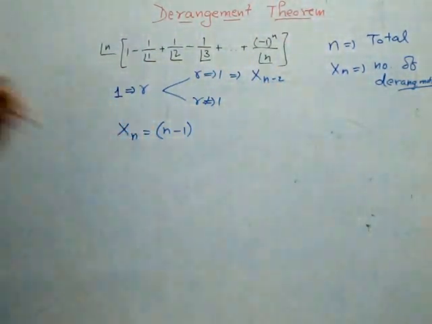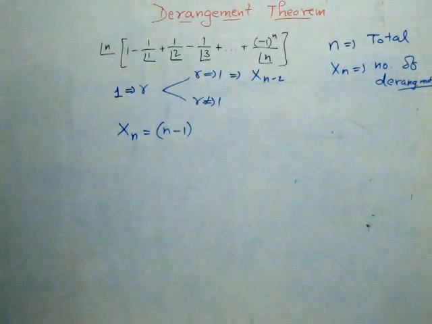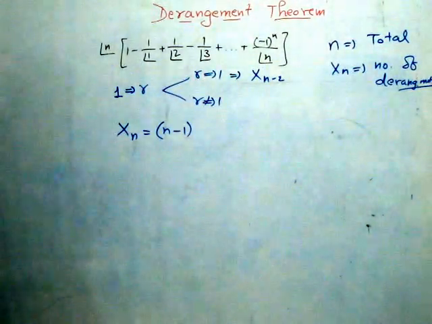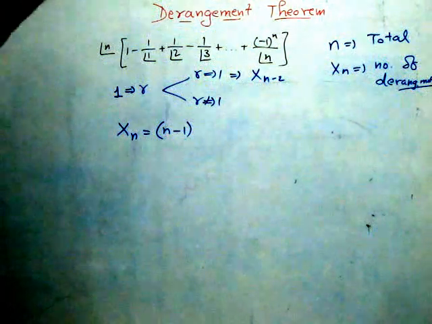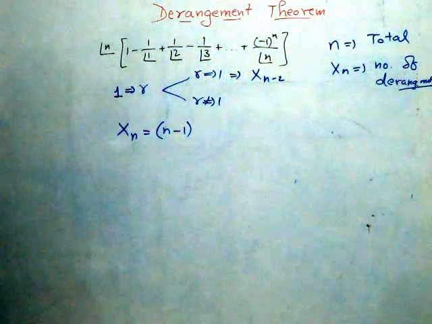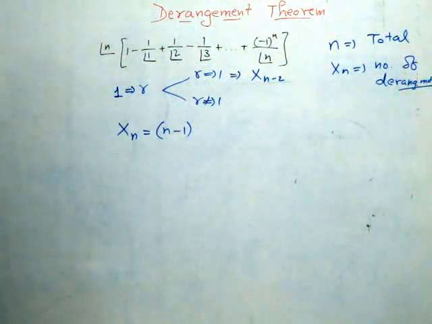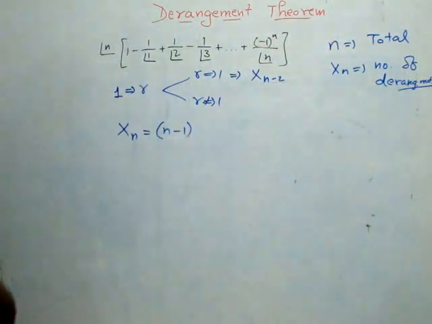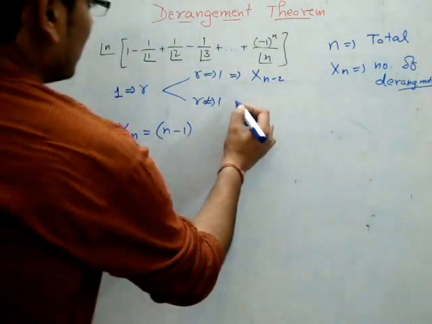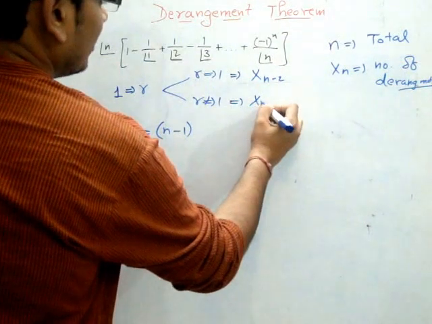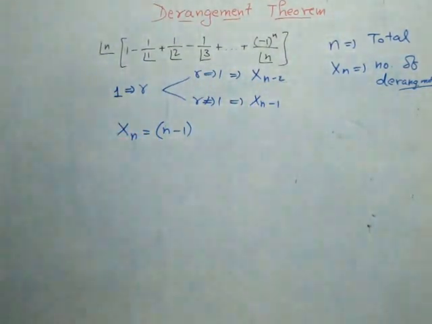Now if r does not take letter 1, it will be the same as r not taking letter r, except that the case of the first envelope is gone. If the first envelope's case is gone, we are left with n minus 1 letters to derange. So there will be an xn minus 1 case, right?